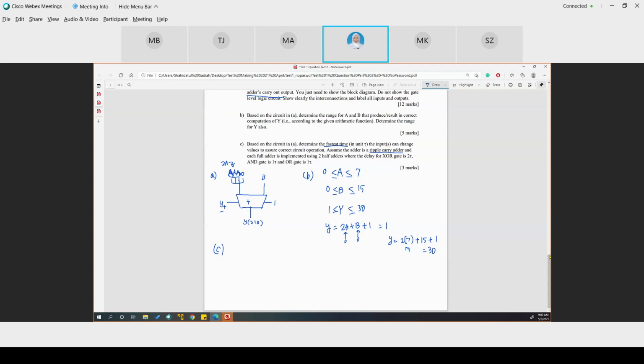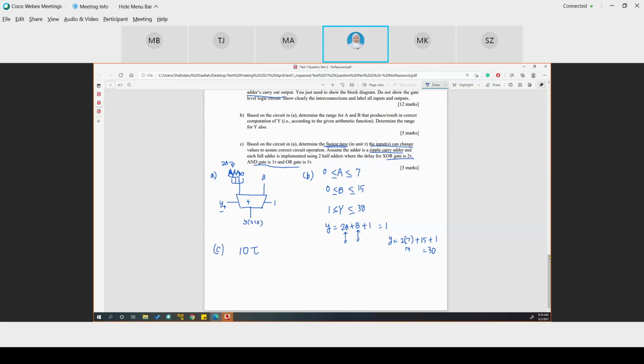This is the same delay as in our lecture notes. So for a ripple carry adder, the addition is 10 tau. Okay. Because this is the fastest time the input can change value.